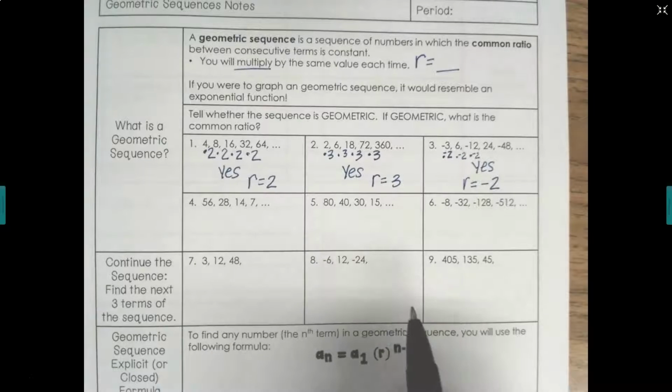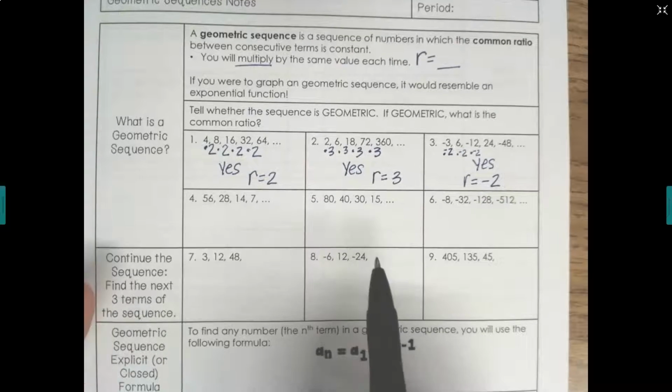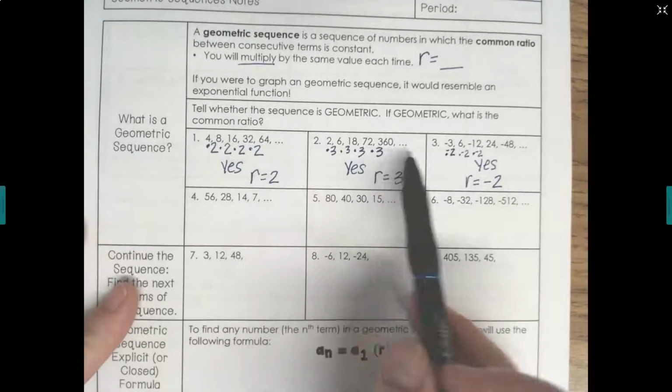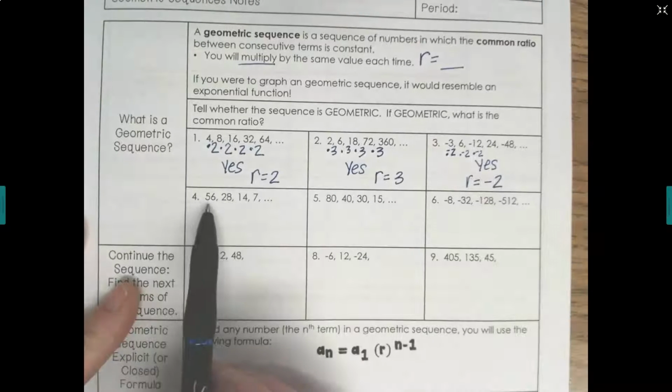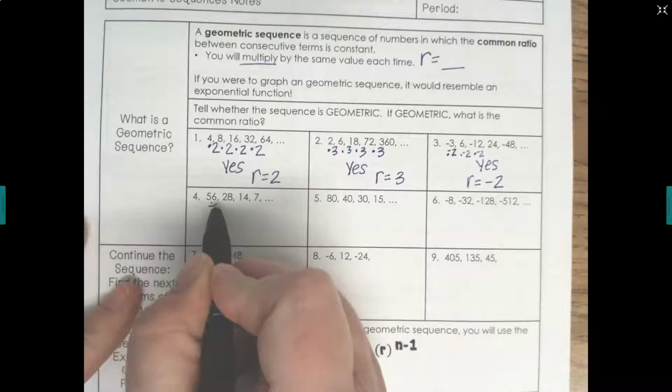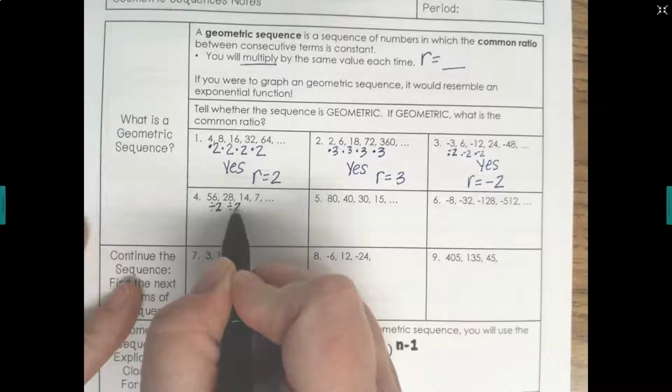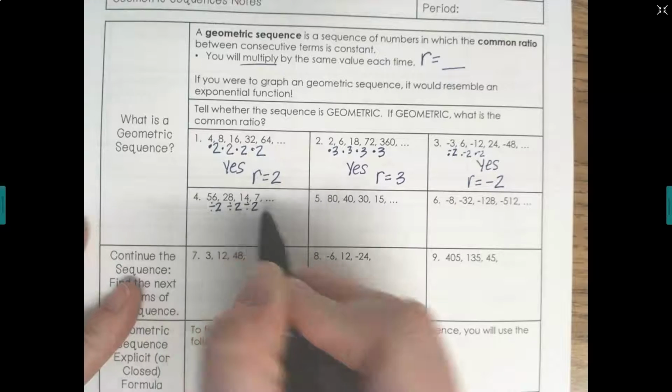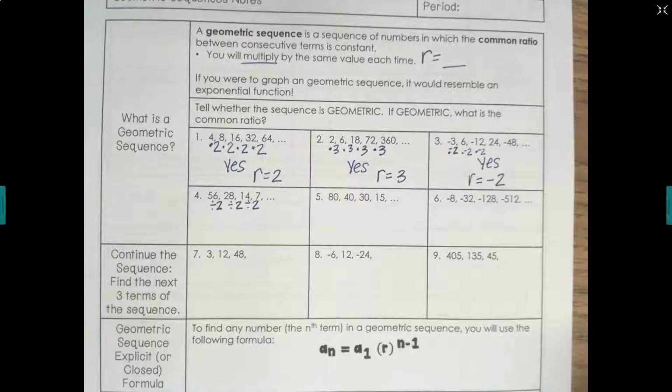Now let's look at number 4. It presents a new situation to us. Up until now, our numbers kept getting bigger. When I look at number 4, I notice I'm actually dividing by 2 each time. When we talk about the formula in just a minute, it doesn't allow for dividing.